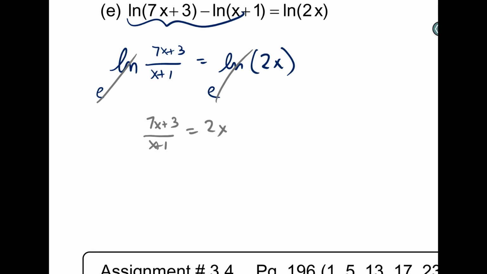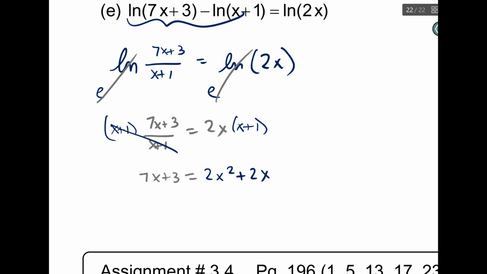Multiply by x plus 1 on both sides, so 7x plus 3 is equal to 2x squared plus 2x. Move everything over. 0 equals 2x squared minus 5x minus 3.